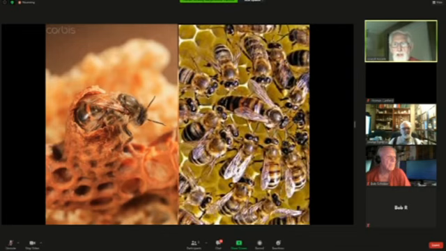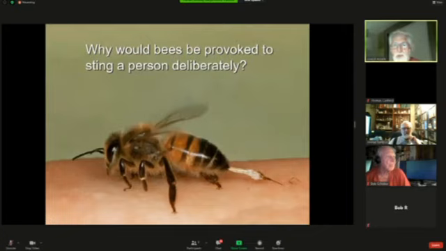Now, the queen does not have a barb on the stinger, so she will not die by stinging another bee, because she won't have her stinger ripped out, as opposed to the workers who do have a barb. And so here you see what's happened, where this bee stung this person, the barb caught in the skin, and the stinger, as well as some musculature and a gland containing the venom, remain in the person who got stung, or the animal that got stung.